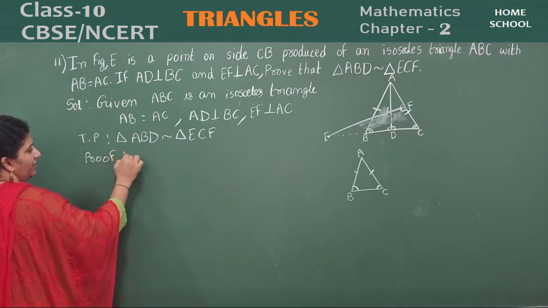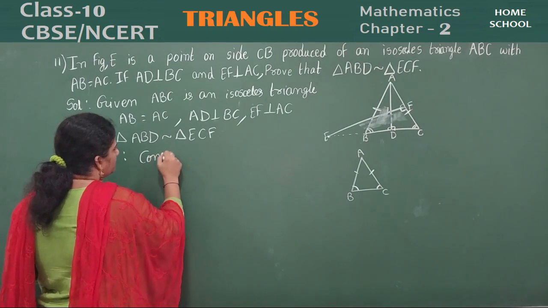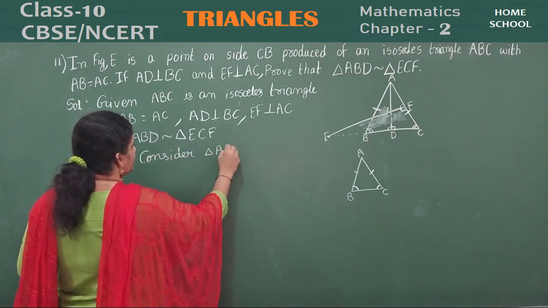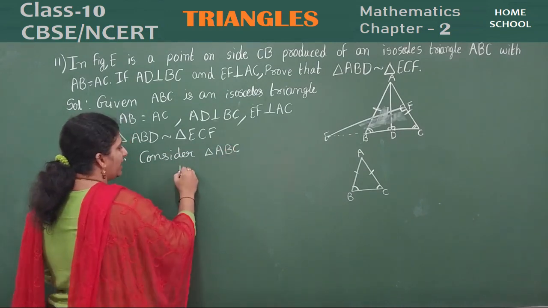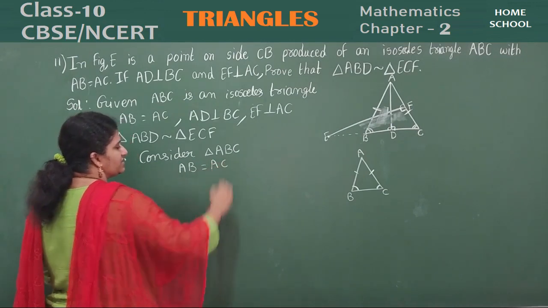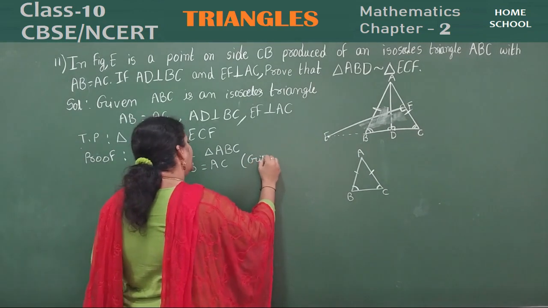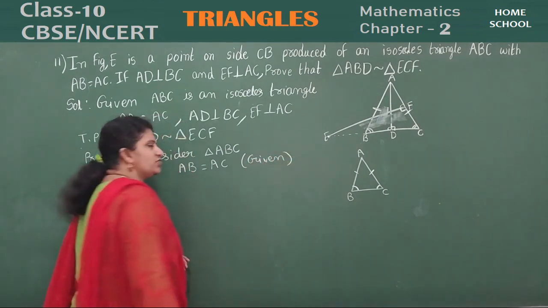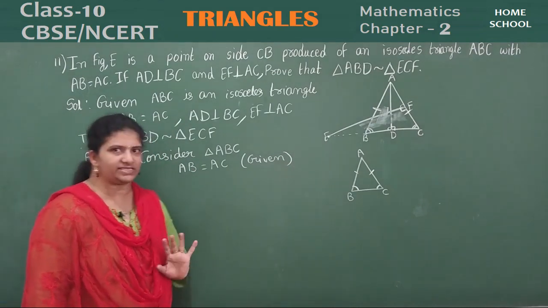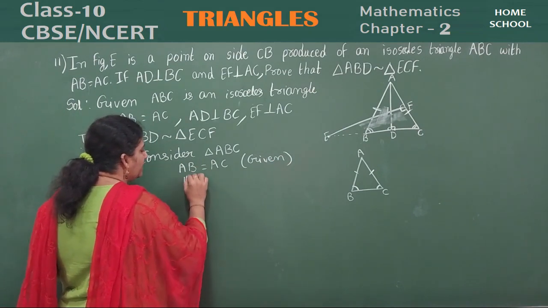Okay, let's start our proof here children. How do we start? Consider triangle ABC. What did they say here? They have said ABC is an isosceles triangle where AB is equal to AC. If you consider that triangle ABC, AB equal to AC. Now what I can say here?